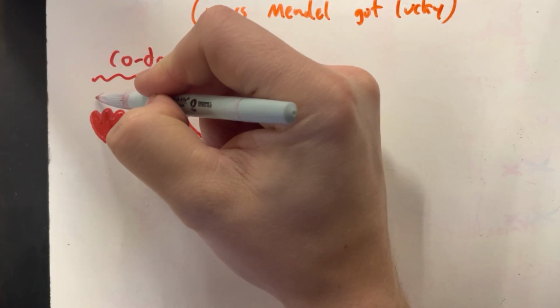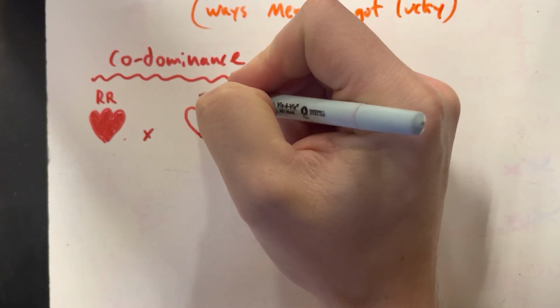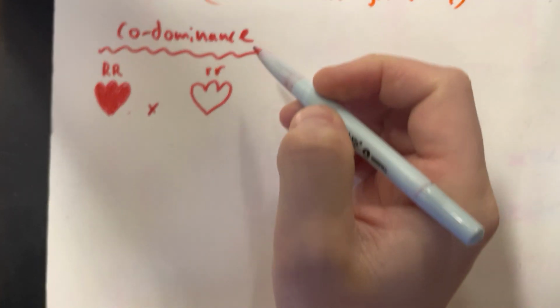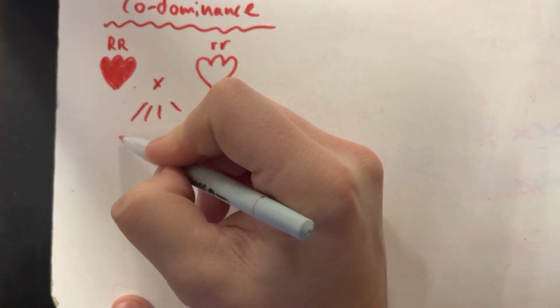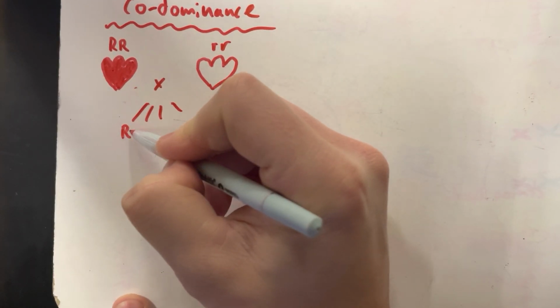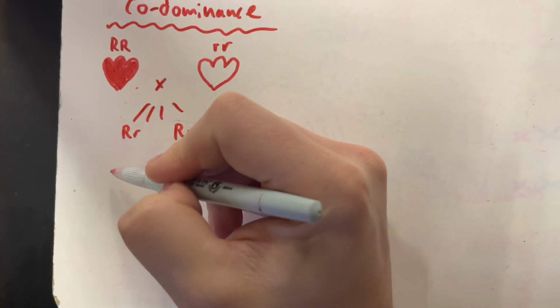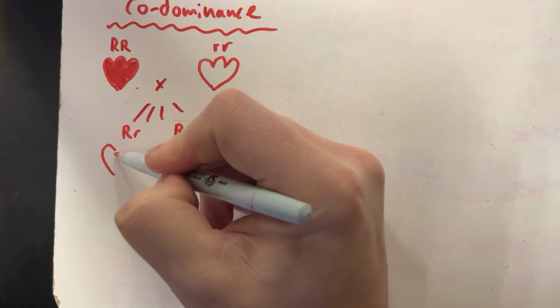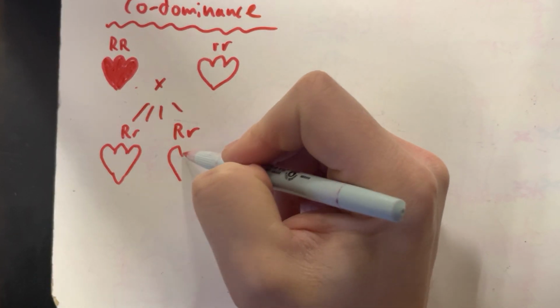So if this was big R, and this is little r, in this scenario you cross them, and they all end up big R, little r, right? But instead of being red, any guesses what happens when they're codominant? They're half red.